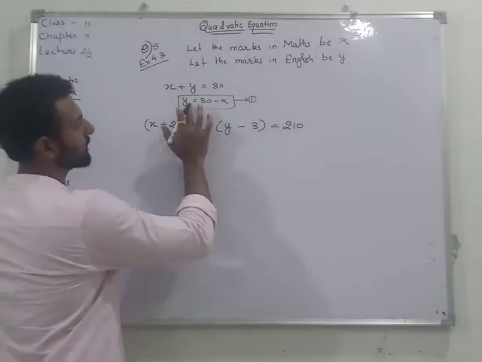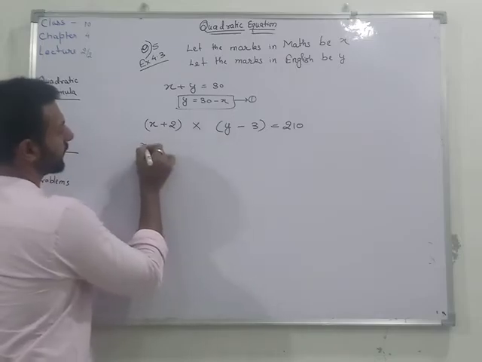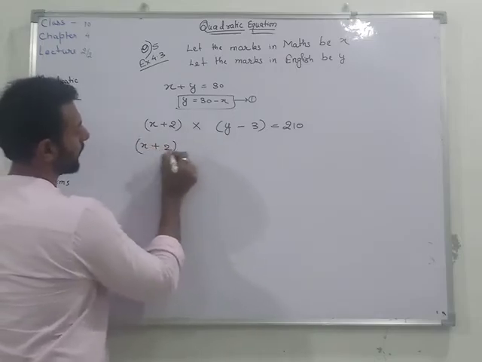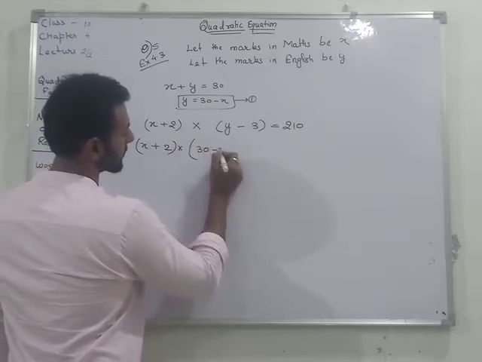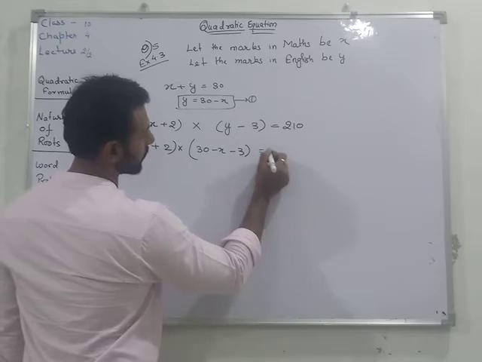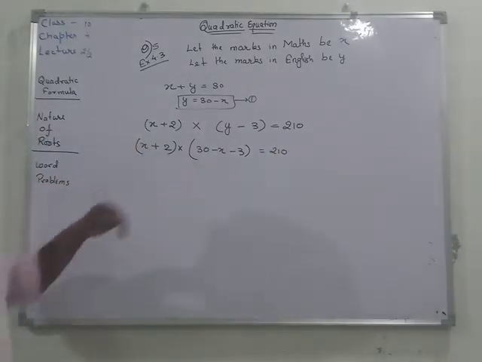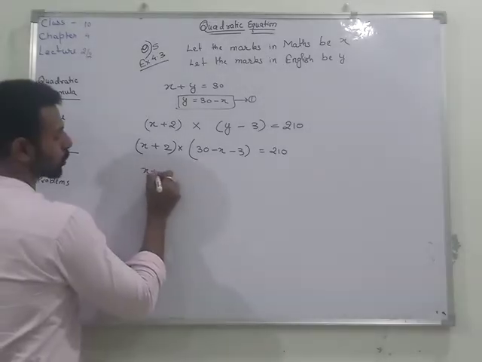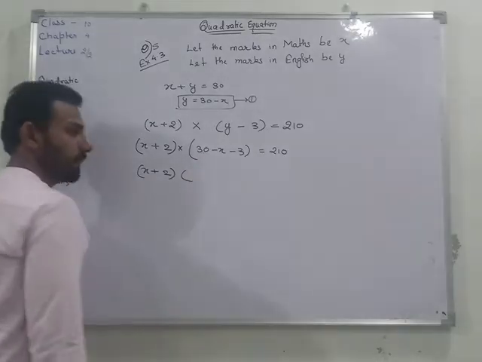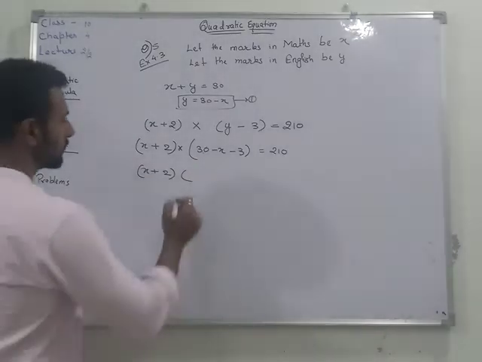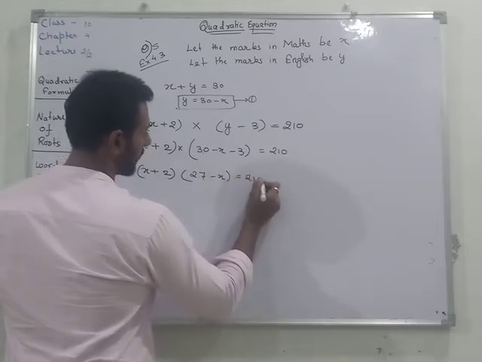Now substituting y is equal to 30 minus x in place of y, we get x plus 2 into 30 minus x minus 3 is equal to 210. This can be written as x plus 2 into 27 minus x is equal to 210.